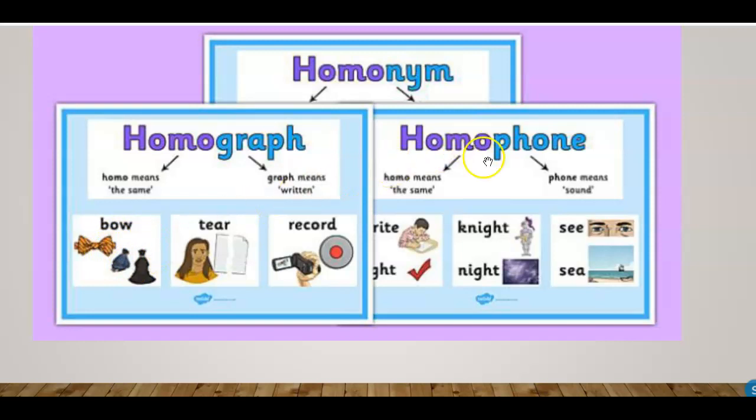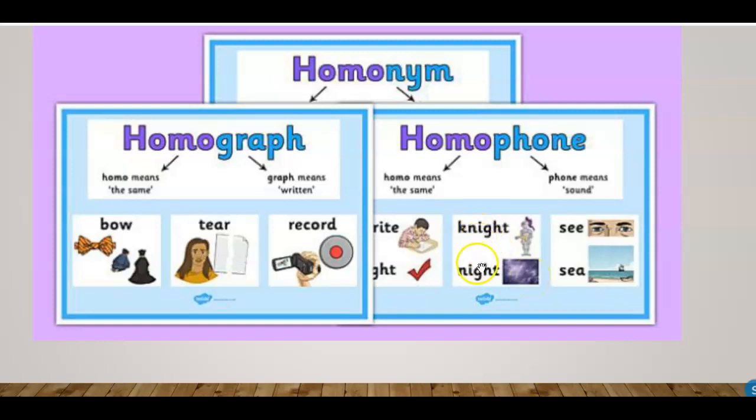But when you look at homophones, they are about the sound. So they are about it sounding the same, even though you might end up spelling it differently. For example, knight. If you spell knight with a K, that would be one of those medieval soldiers. But if you leave the K off, well, then it's the opposite of the day.